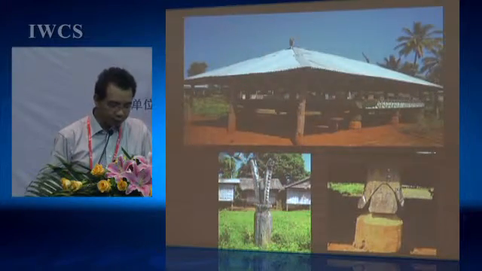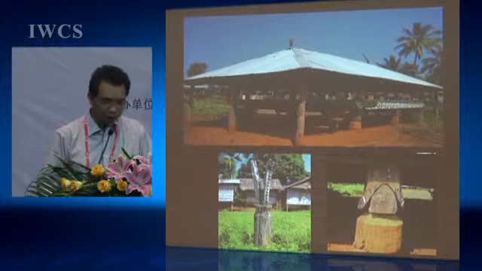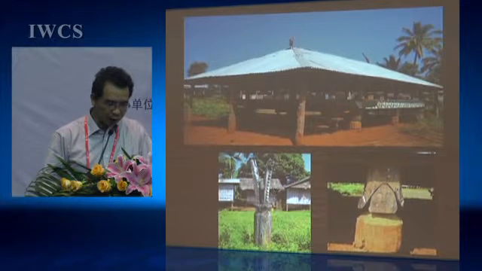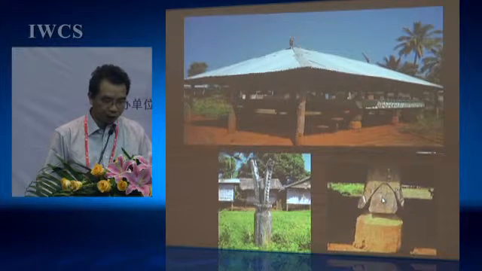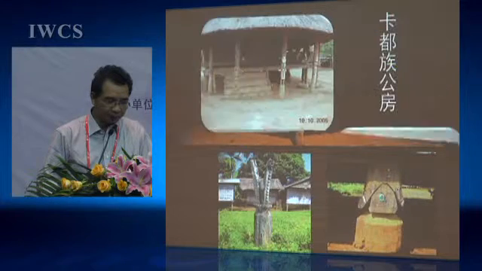This is a public place. And this is the Dao nationality. This is also a public museum or playground. In the front part is a boat, a boat to pray to the goddess, shaped like a human being.